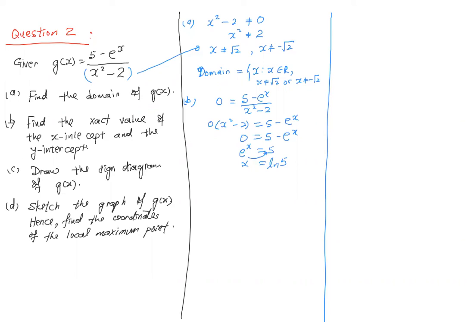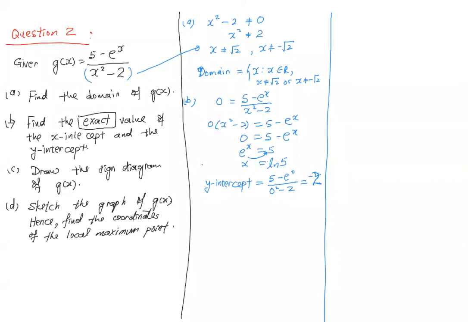That's it. So that is your x-intercept. To find the y-intercept, you put x equal to 0. So the answer is -4 or -2. Okay, done with that.